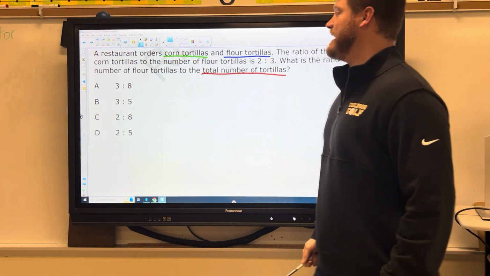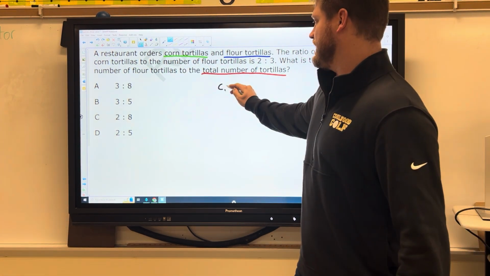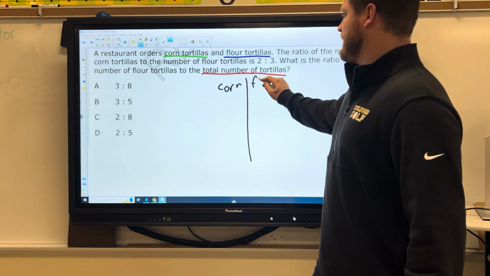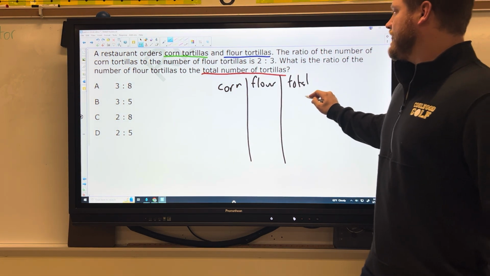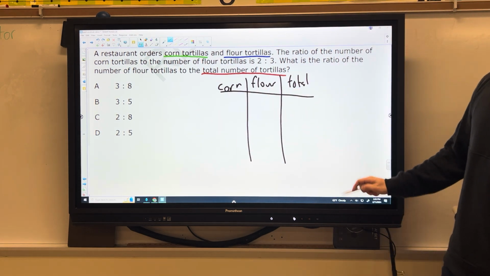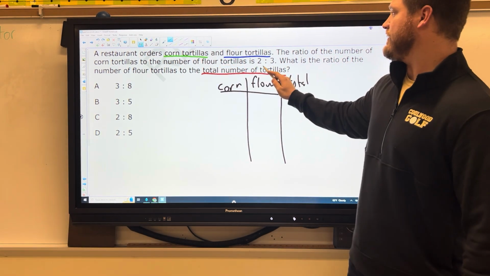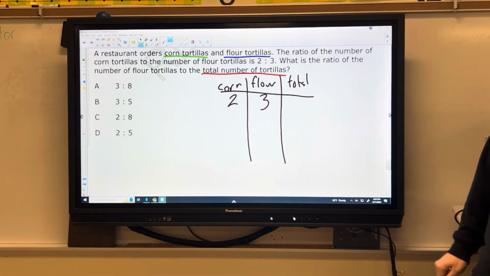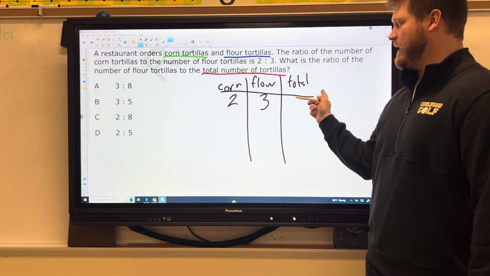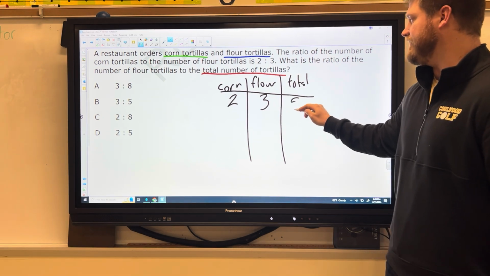It would be easiest to make a table with this. So we have corn, we have flour, and we have total. So then it says the ratio of corn to flour is 2 to 3. So there's 2 corn, 3 flour. And remember, with part to whole, in this last column, we add them up. 2 plus 3 is 5.